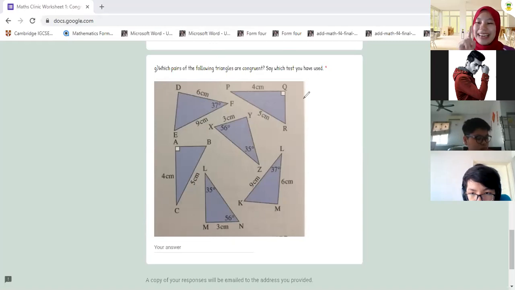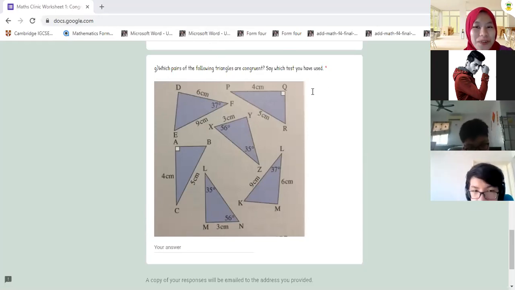But remember, you have a set of conditions to follow. What are the conditions that you have to follow? Do you still remember the set of conditions that you learned in class last time?